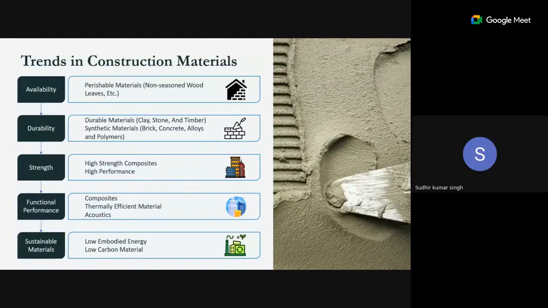Probably I'll be able to make that composite using less processing energy. So processing CO2 reduced. Probably I'll be able to make that material with locally available materials. So transportation energy reduced. Or probably I'll make that material help making my building envelope so thermally efficient that the operational energy of the building as a whole reduced.